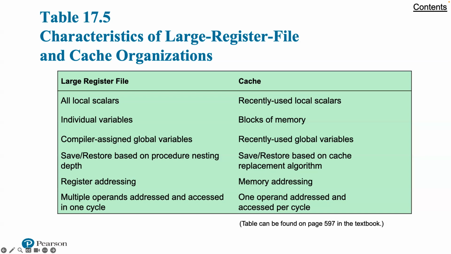A cache will dynamically discover these variables and hold them. If the window-based register file is supplemented with global registers, it too can hold some global scalars. However, when program modules are separately compiled, it is impossible for the compiler to assign global values to registers. The linker must perform this task.